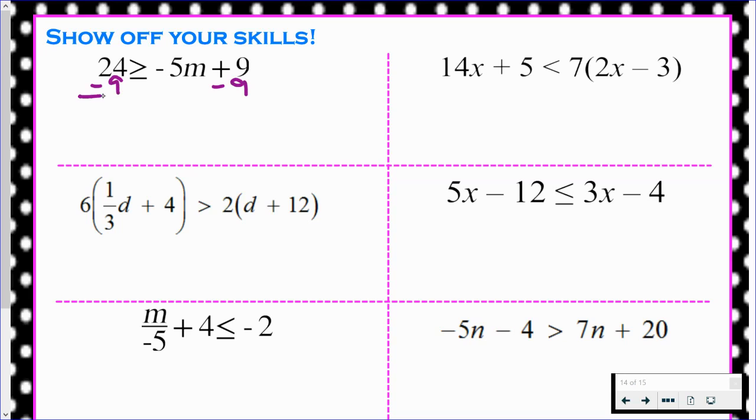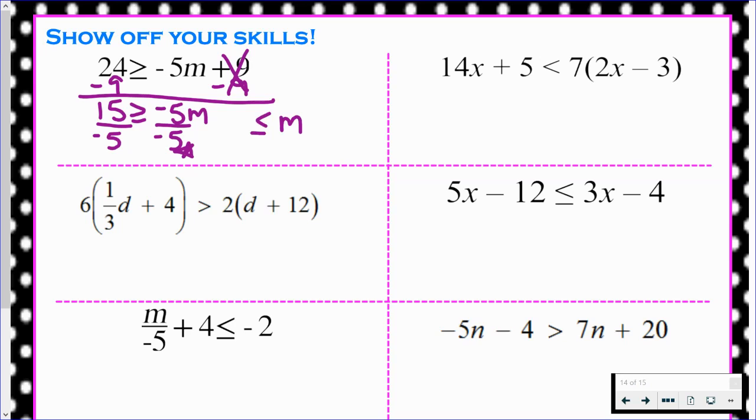Minus 9, minus 9. 24 minus 9 is 15. It's greater than or equal to negative 5m. Divide by negative 5. Divide by negative 5. Here's this special scenario when you're dividing by a negative. What that means, I'm going to flip the inequality.